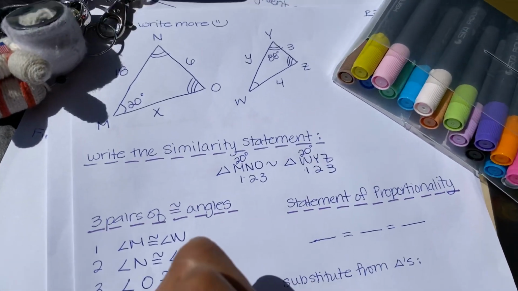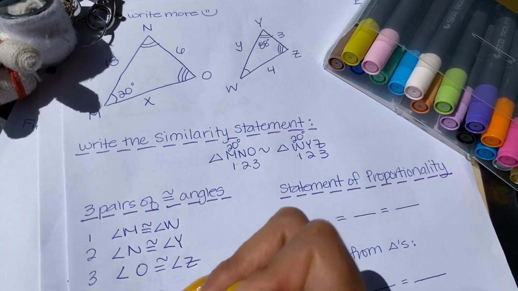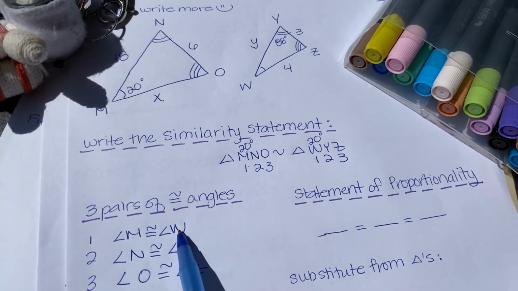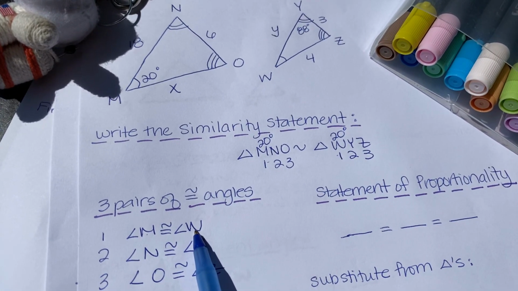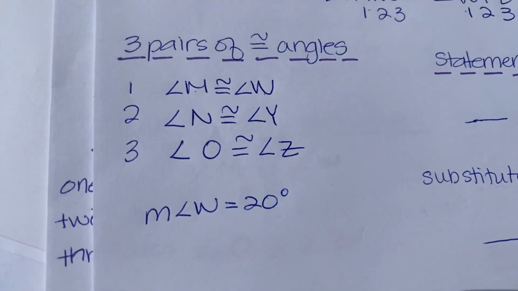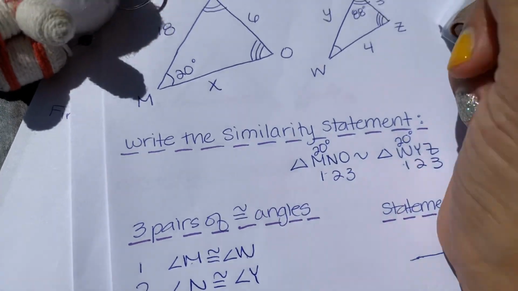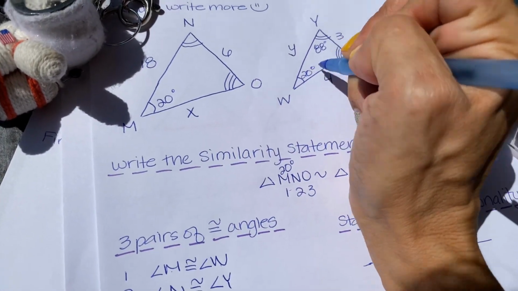So I know that measure angle W is also 20 degrees because M and W are congruent, right? So if this is 20 degrees, this is 20 degrees.